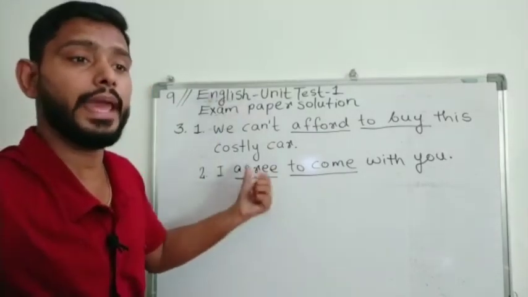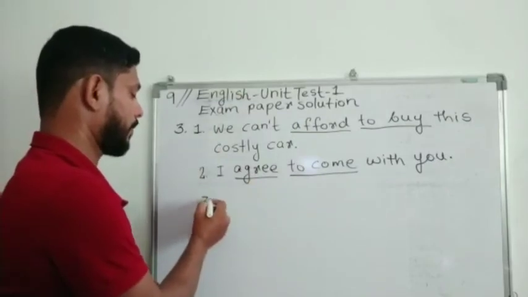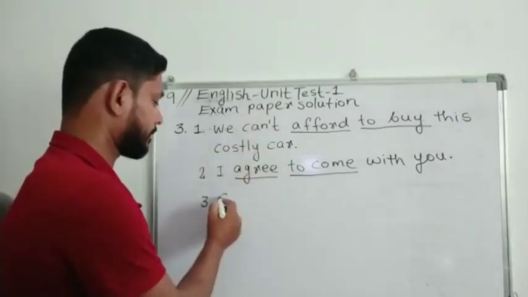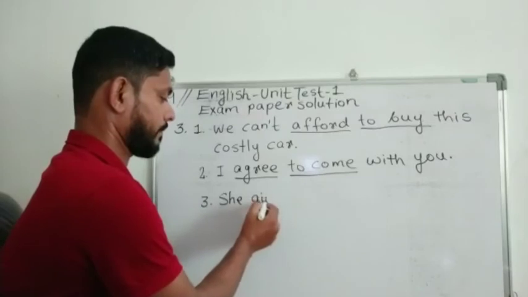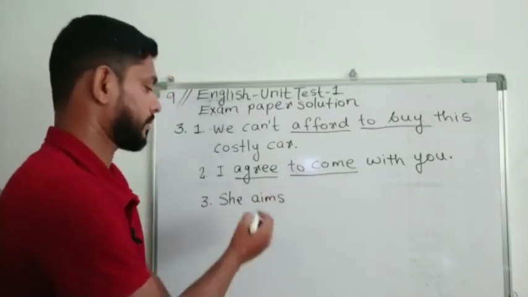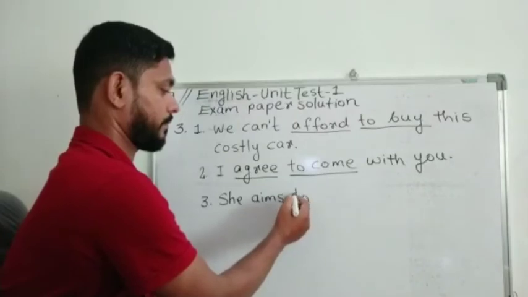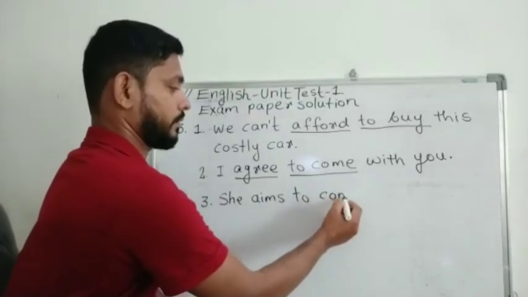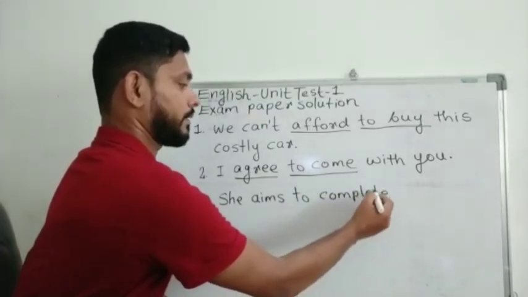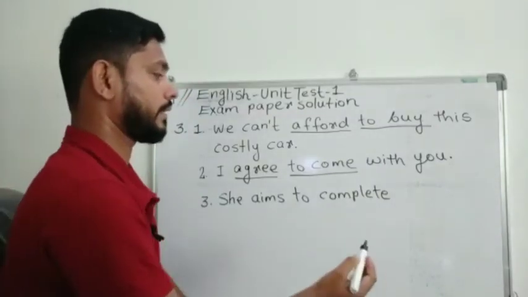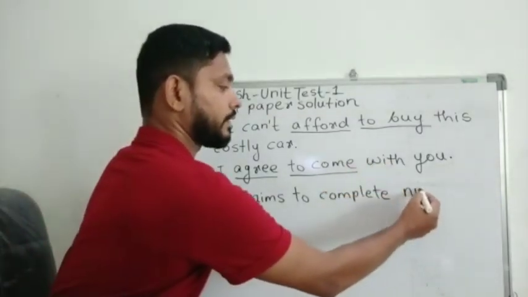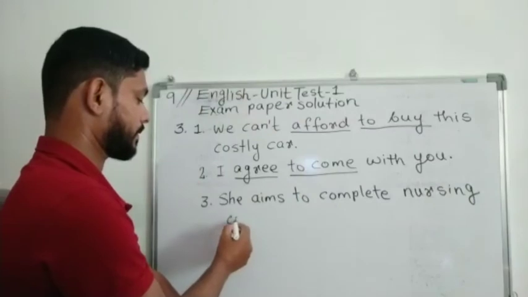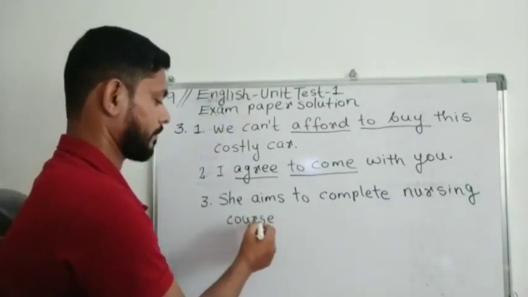Let's see the verb aim, and how it is followed by an infinitive verb. Let's see one example. She aims to complete nursing course this year.